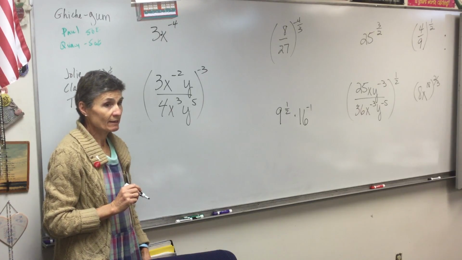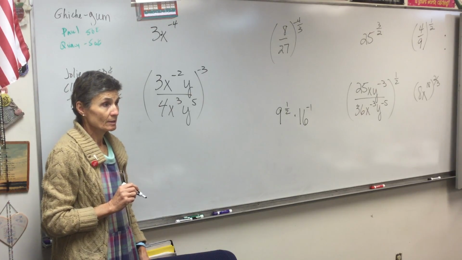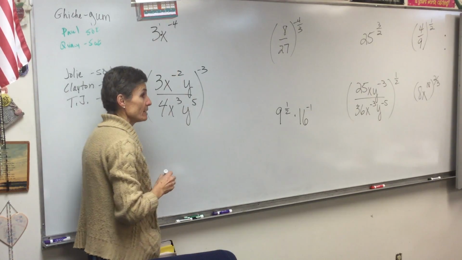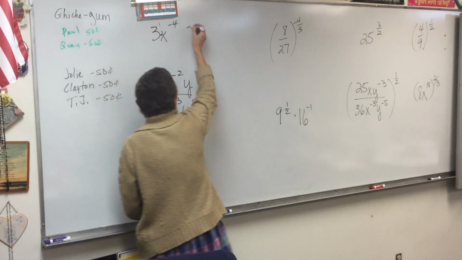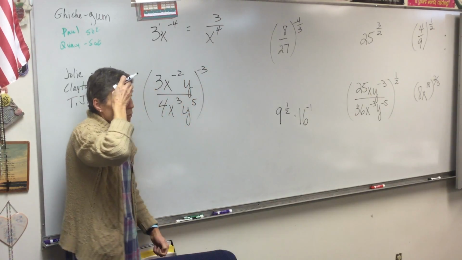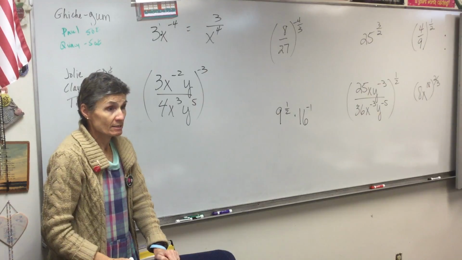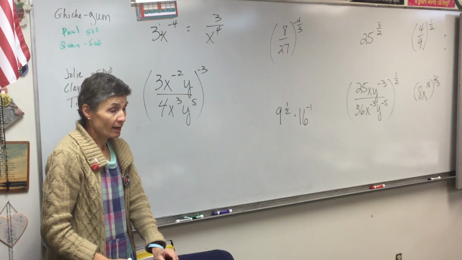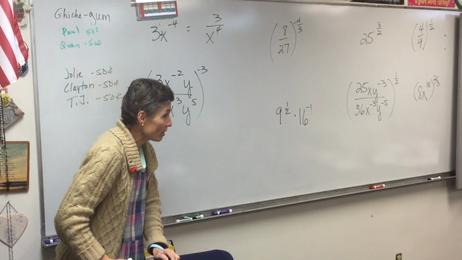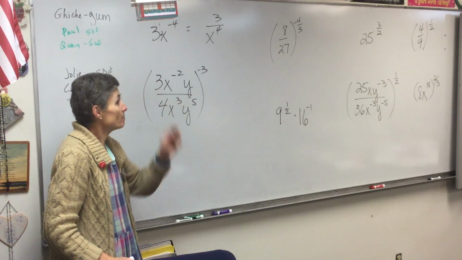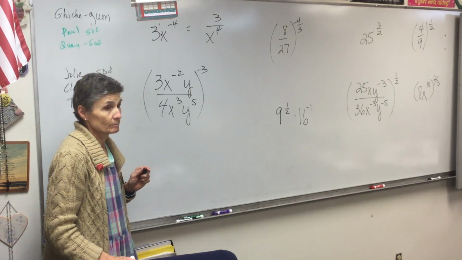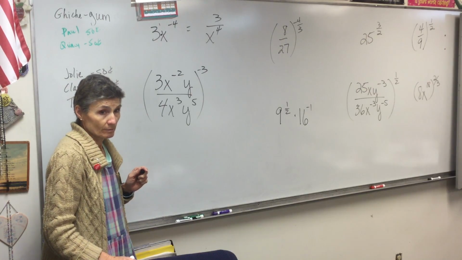Does the 3 have a negative exponent? No, the 3 has no exponent, or a 1, right? So the answer is going to be 3 over x to the 4th. Why? Because the negative 4 goes to the bottom, but the 3 stays up. The 3 doesn't move.